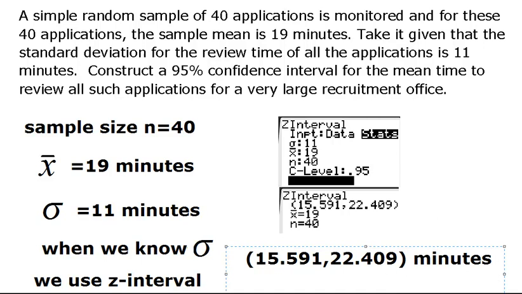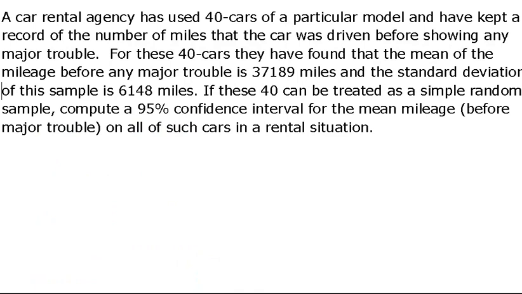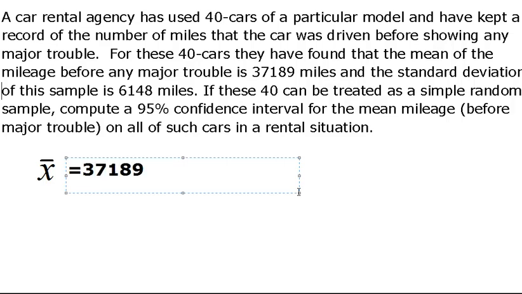the range. Now let's compute another confidence interval for a population mean in a different situation. Here we have information about a simple random sample of 40 cars. The mean mileage before showing any major trouble, according to this sample, is 37,189 miles.